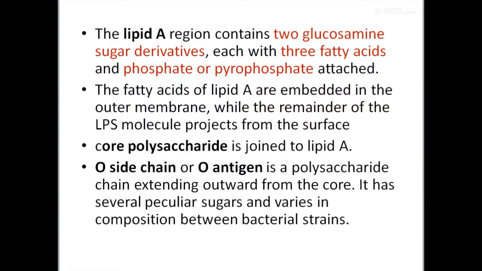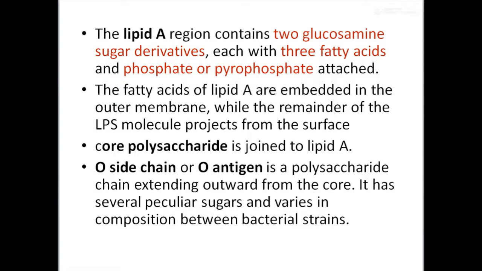Now, lipid A is a region which contains two glucosamine sugar derivatives, each with three fatty acids and a phosphate or a pyrophosphate attached. Just remember, lipid is a fatty derivative.